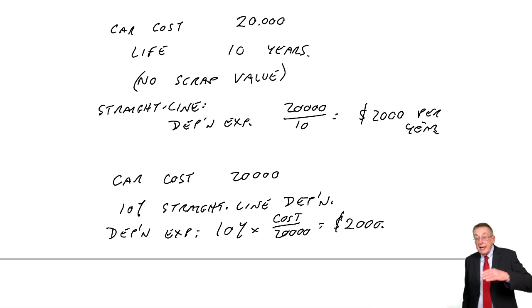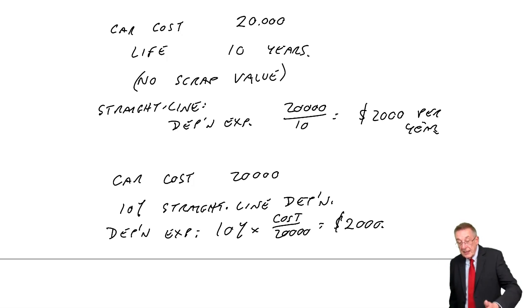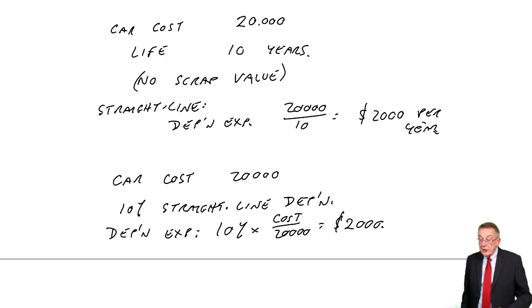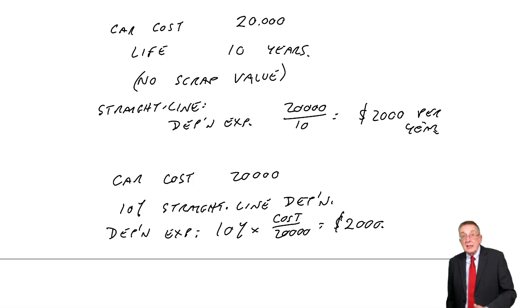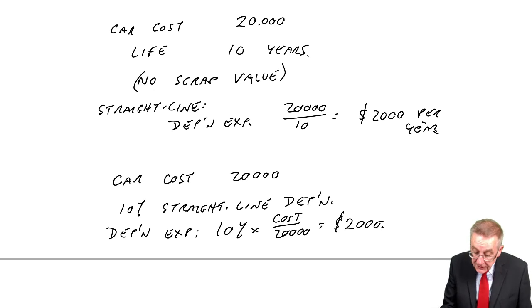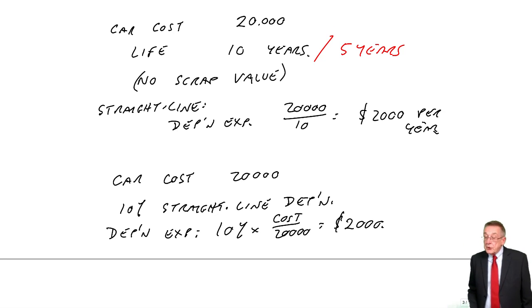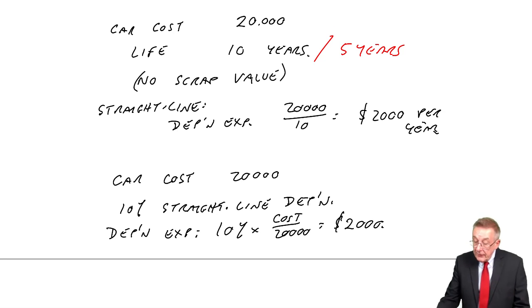They can either say it's straight line, there's a life of 10 years, 2,000 a year, or they could give you 10% straight line, 2,000 a year. Or, for instance, if its life was 5 years, if I gave you straight line over 5 years, the expense would be 4,000 a year.